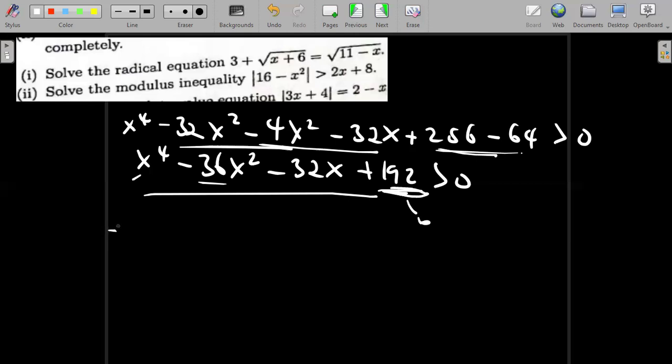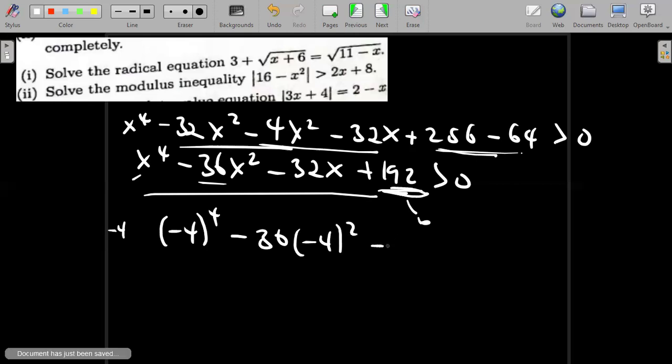So negative 4. And when we replace in this equation negative 4, we have negative 4 to the power 4 minus 36 times negative 4 squared, minus 32 times negative 4, plus 192.